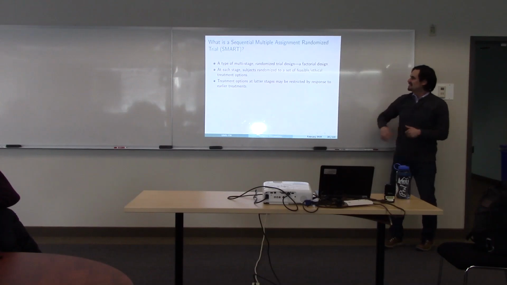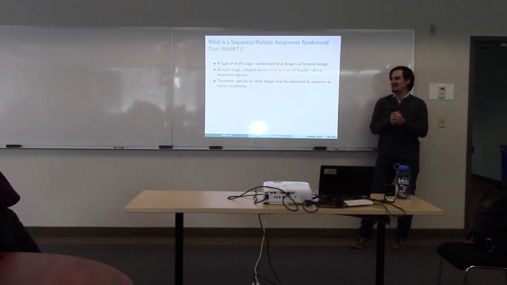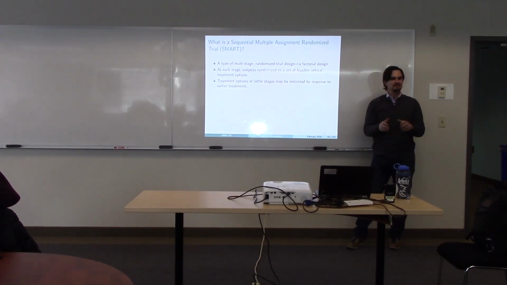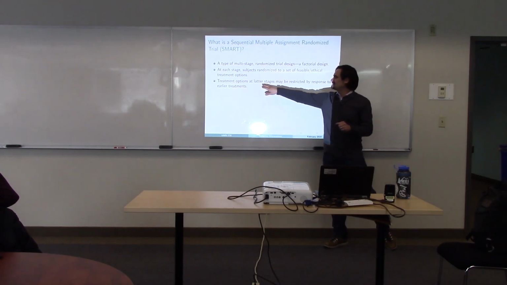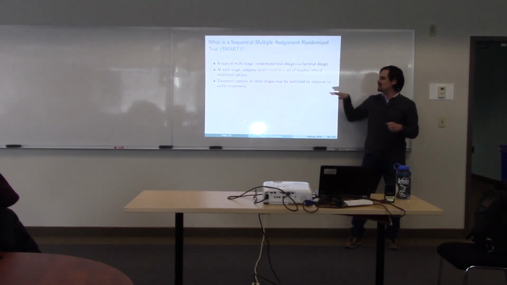So let me share with you what a SMART is. A SMART is nothing more than a multi-stage randomized trial design. It's actually a type of factorial design. At each stage, subjects are randomized to different intervention options that make sense for that patient, for that student at that stage. Okay? And the cool thing about SMARTs is treatment options at later stages could be restricted by response to earlier treatments.